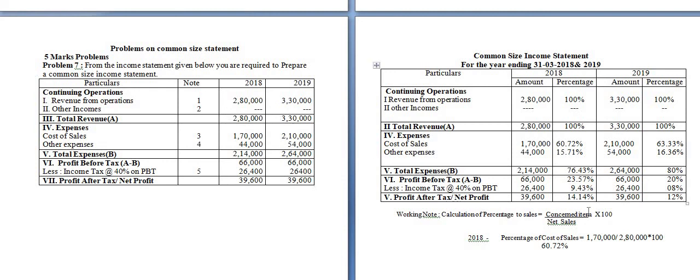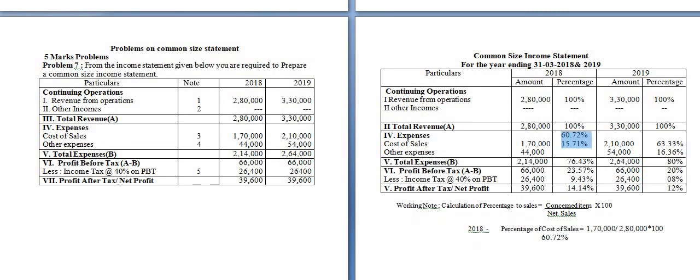So 1,70,000 divided by 2,80,000 into 100, the percentage will be 60.72%. In this way, for all the other items, we have to find the percentage by taking net sales as the common base.